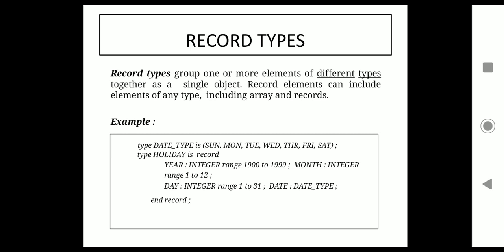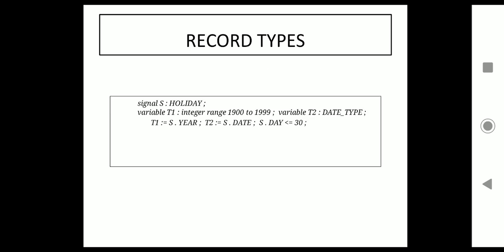An array is a group of one or more elements of the same type, but a record is a group of one or more elements of different types and it can include arrays also. So this is all about the record, and the following box shows the example of record types. Then again, this is one more example of how to declare the record.